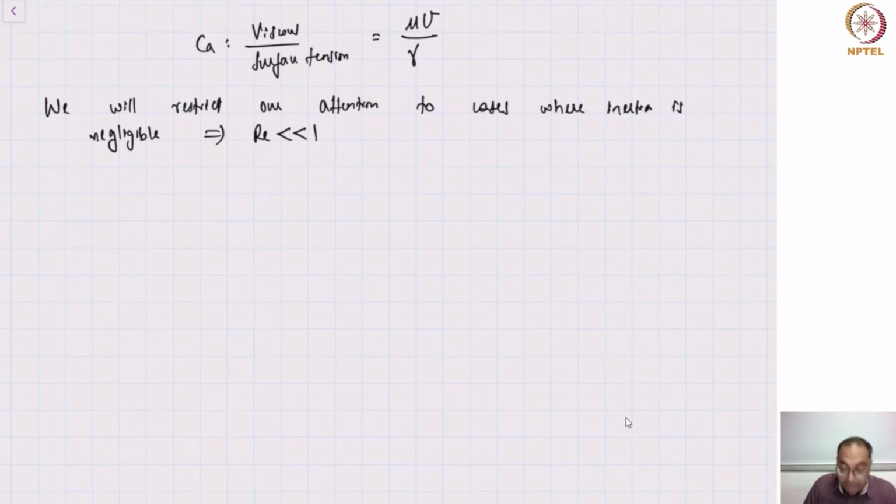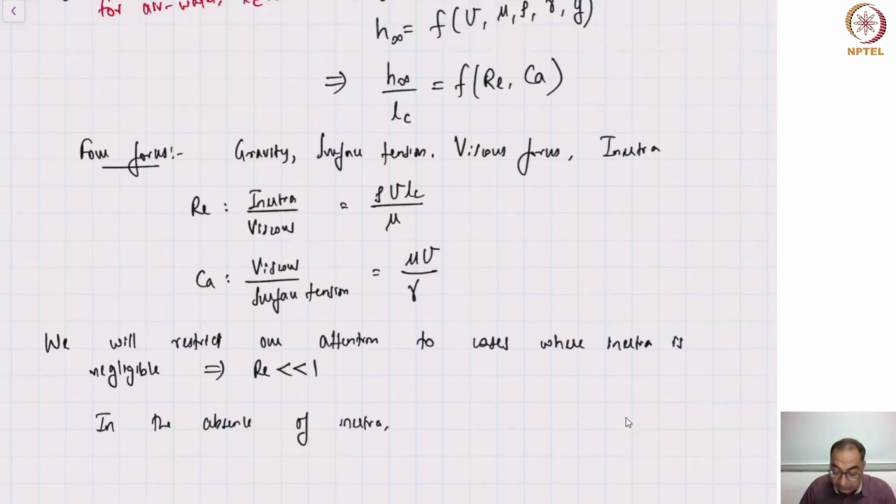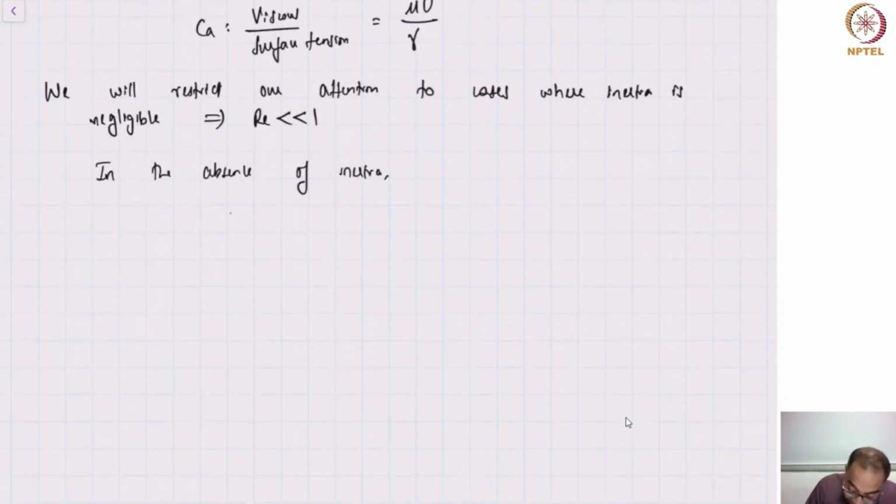So in the absence of inertia, one force is dropped out, and therefore the above relationship between the relative thickness of the coating and the Reynolds and capillary numbers now simplifies to H by L_C being some function of the capillary number. And our goal in this lecture is to determine what this relationship is.